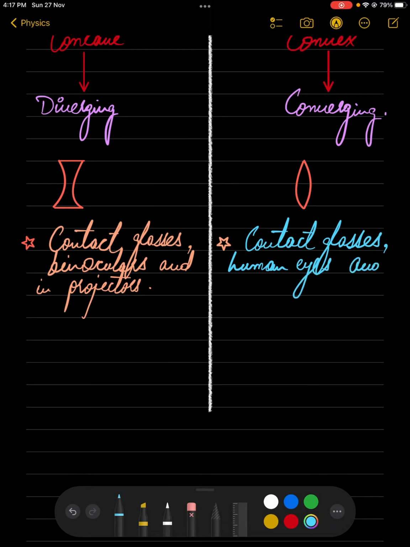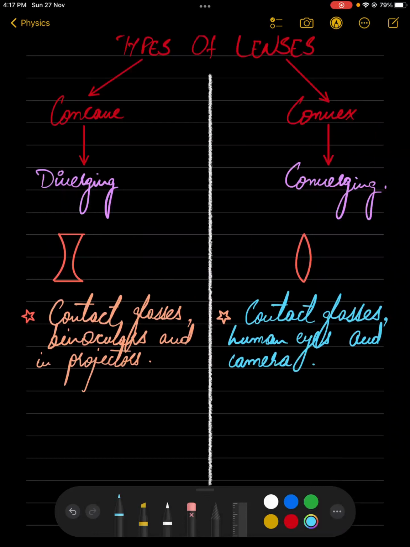And finally, you would observe that the camera is also having the convex lens. Since the camera is made on the concept of human eye, so it is also using the same type of lens, which is the converging lens.